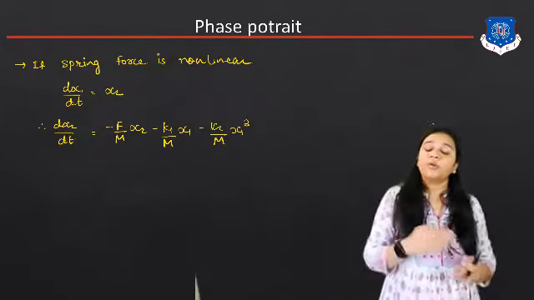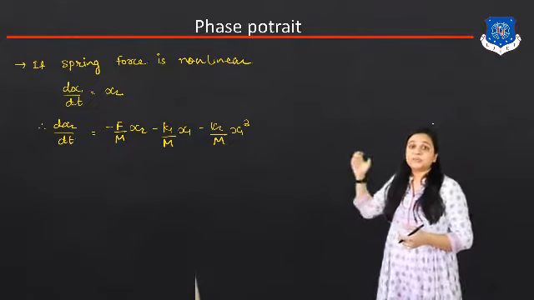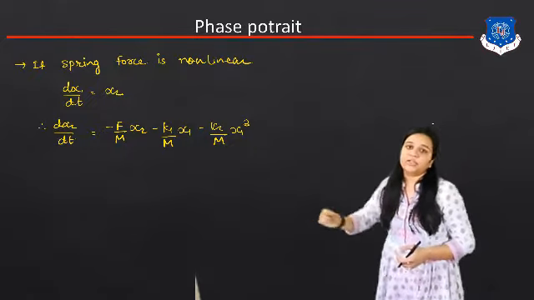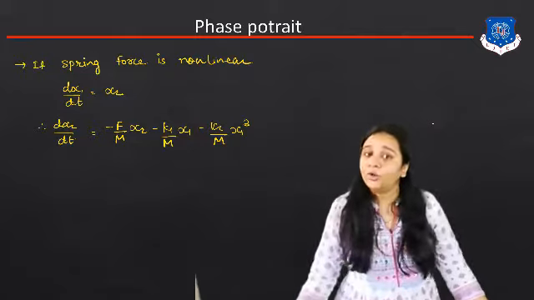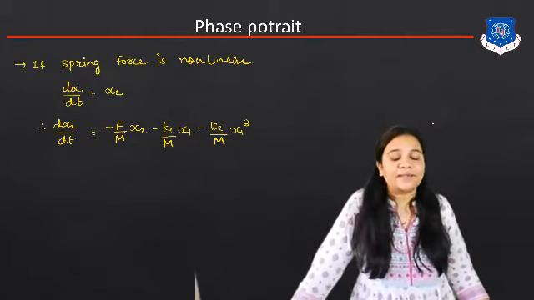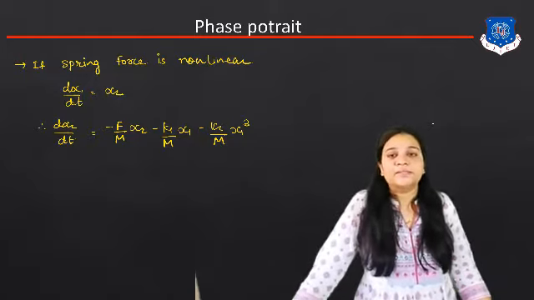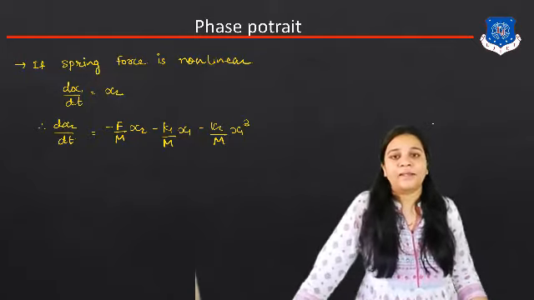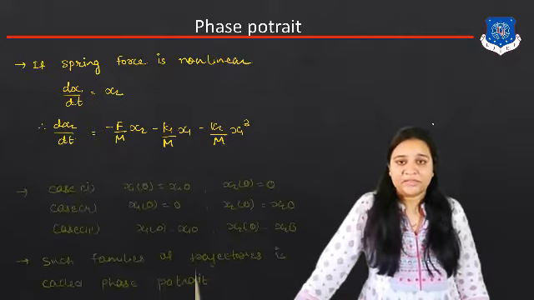Okay, so we take one example. If the spring force is nonlinear, dx1 upon dt is equal to x2, and dx2 upon dt is equal to minus f by m x2 minus k1 by m x1 minus k2 by m x1 cube.